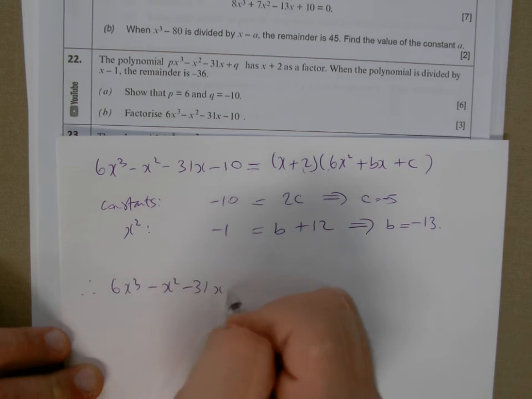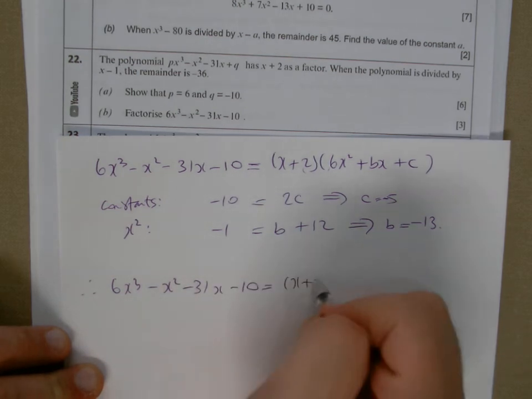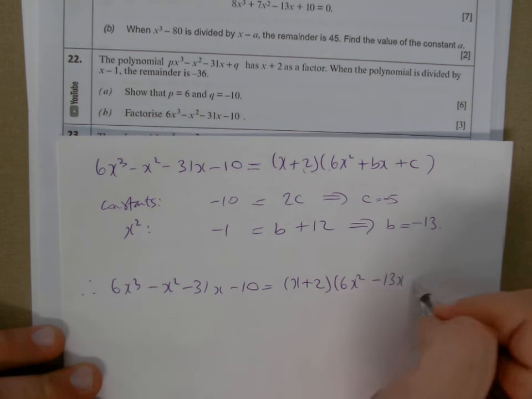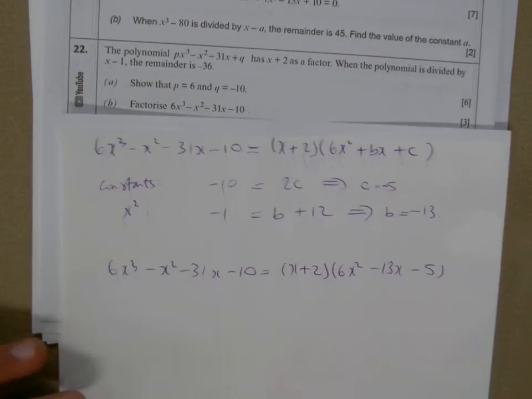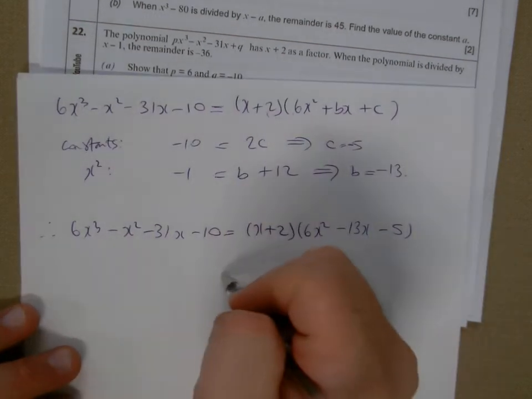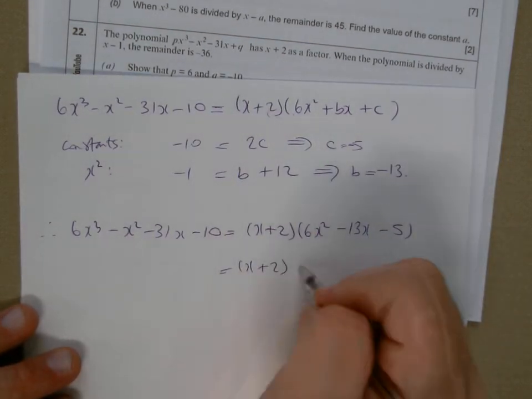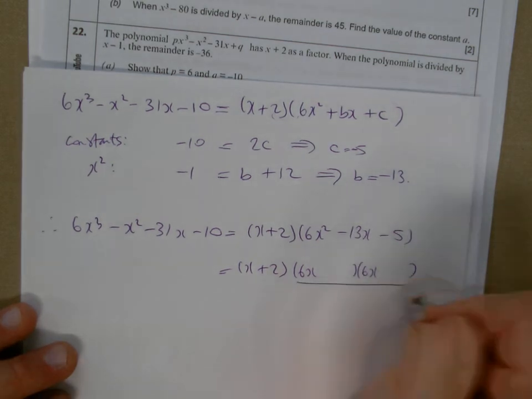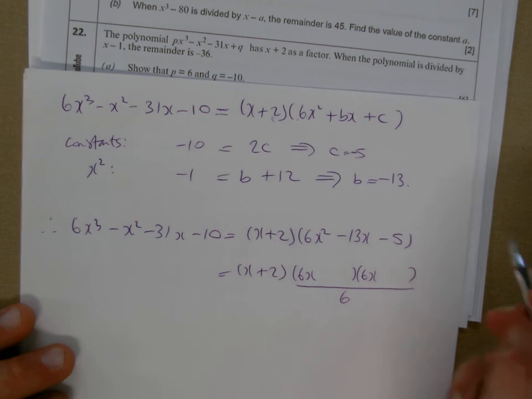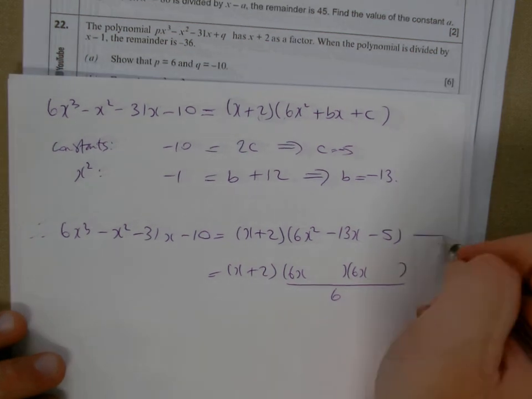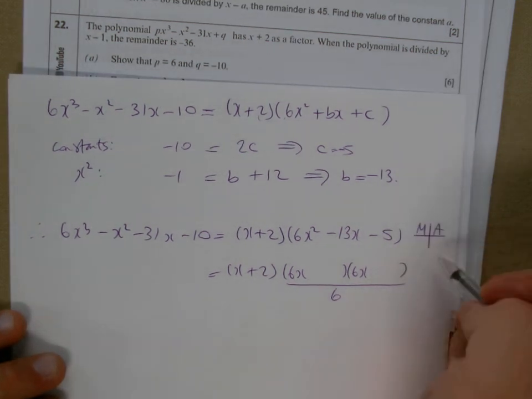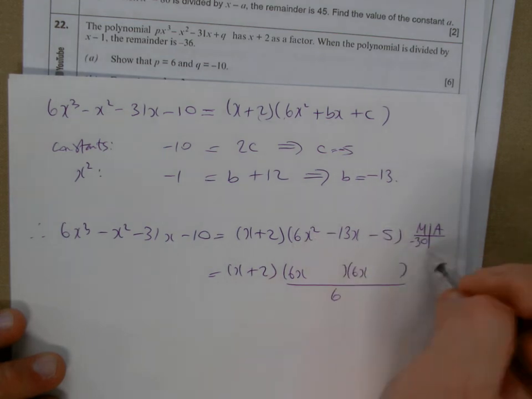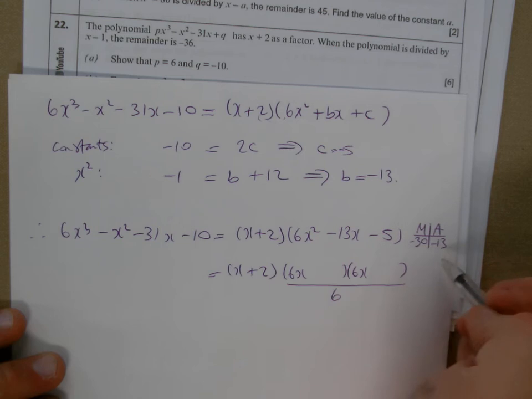So I get my two brackets fulfilled: x plus 2 here, and 6x squared minus 13x minus 5 there. I'm going to need to put these into two brackets, so I'll put 6x in front of both brackets, and remember I need to divide by 6 using that method. So what pair of numbers are they? Multiply, add. You need to multiply to give minus 30, because 6 times minus 5 is minus 30, and add up to give minus 13.